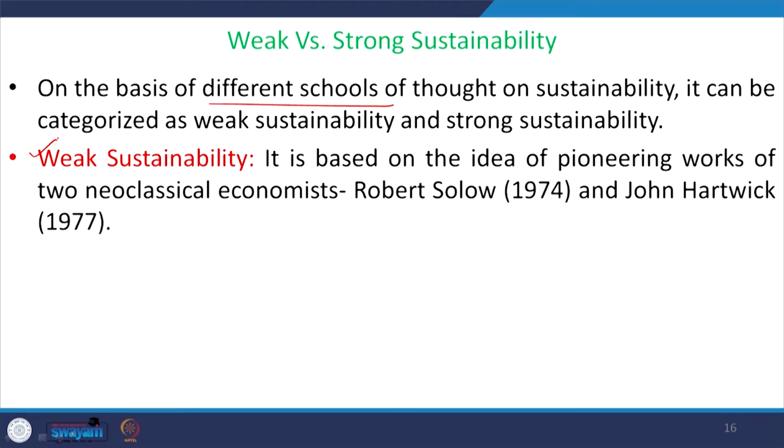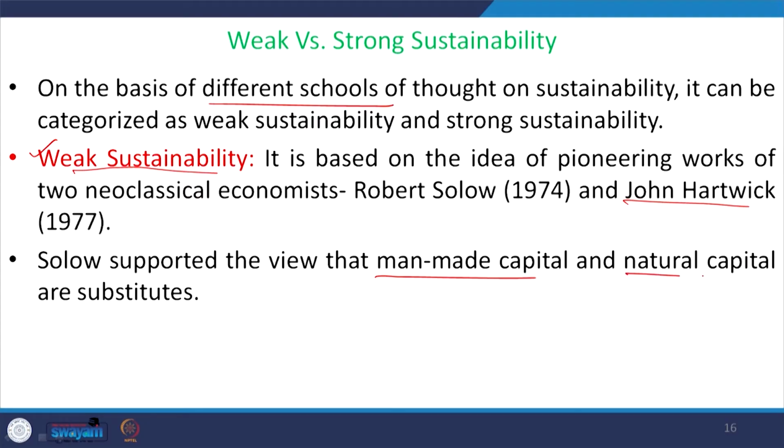This idea of weak sustainability can be found from the pioneering work of Robert Solow in 1974, and we understood that this economist is a neoclassical economist. The same idea of weak sustainability we can also find from the works of John Hartwig in 1977, and both of these fellows are Nobel laureates.